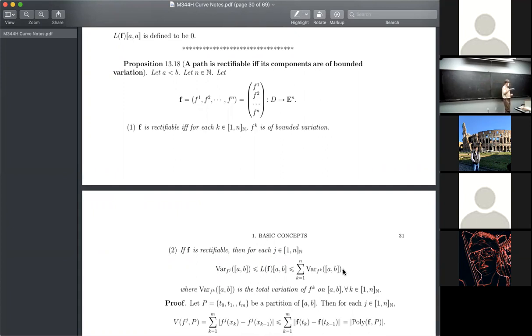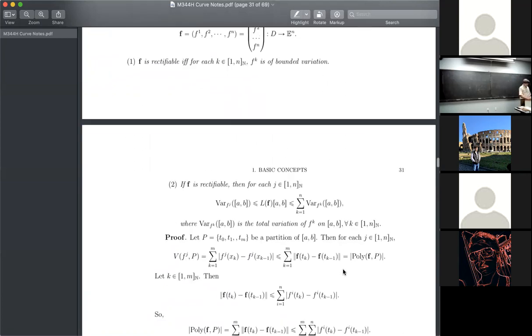It's those component functions which may be of bounded variation or not, like the one I had on the board a while ago, the x squared cosine, whatever, that one turned out to be of bounded variation. If I had a multi-dimensional curve with that as one component, and if all the rest of them were of bounded variation, then the curve I've got would be a wild one, but it is of finite length.